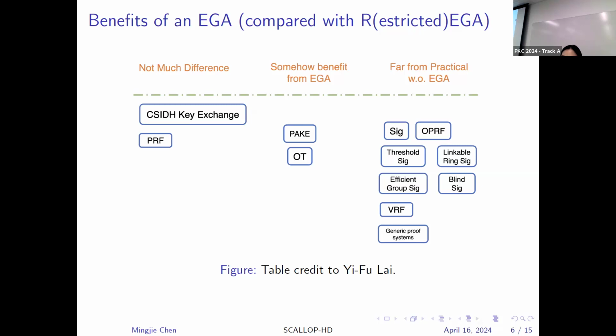So that includes signatures, as I just mentioned, OPRF, threshold signature, linkable ring signature, efficient group signature, blind signature, VRF, generic proof systems. So as you can see, there are a lot more things we can do with an EGA in group action. So that provides enough motivation to construct EGAs. By the way, one example of REGA is CSIDH group action, the original one.